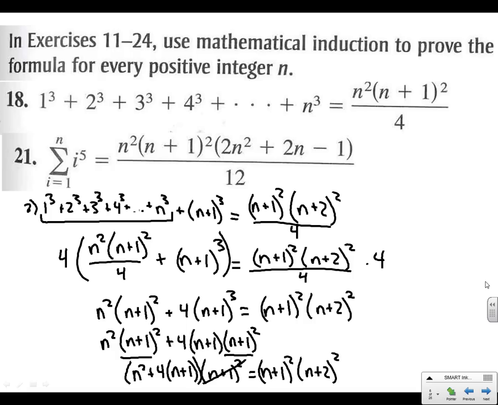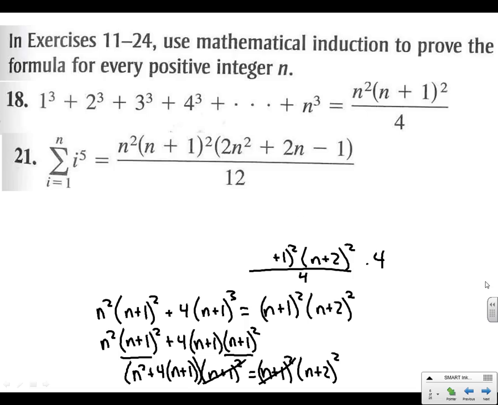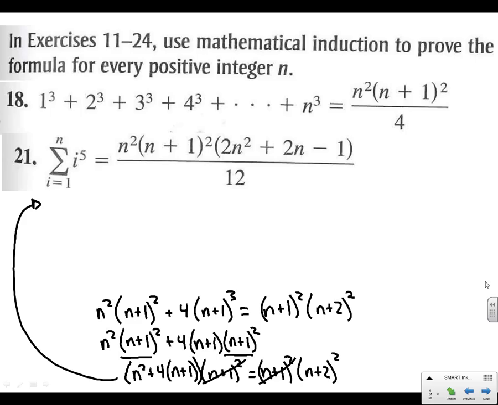And so these things show up on both sides, so we'll get rid of them. Let me erase the top line to create a little more space to keep going. Okay, so if we loop back up to the top here, now we've got n² + 4n + 4, I'm just distributing here, equals (n + 2)².